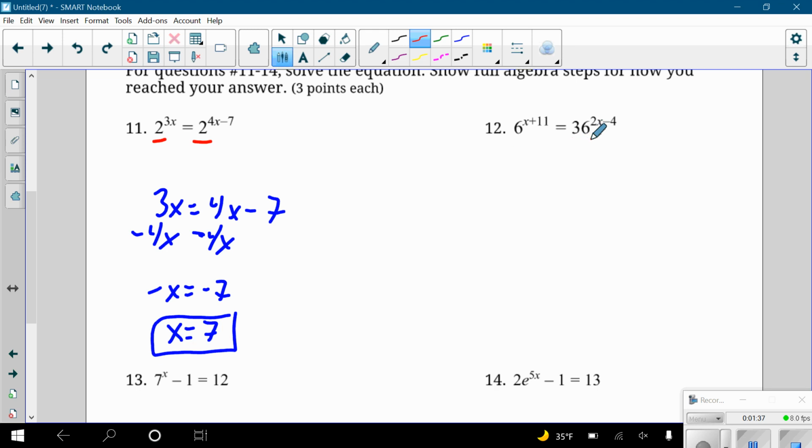What's the connection? Well, if I'm thinking about exponents, the connection is, well, 36, that's 6 squared. So I'm going to rewrite that 36 as 6 squared. I'm going to leave the left side the same. And then remember, I still have this 2x minus 4.